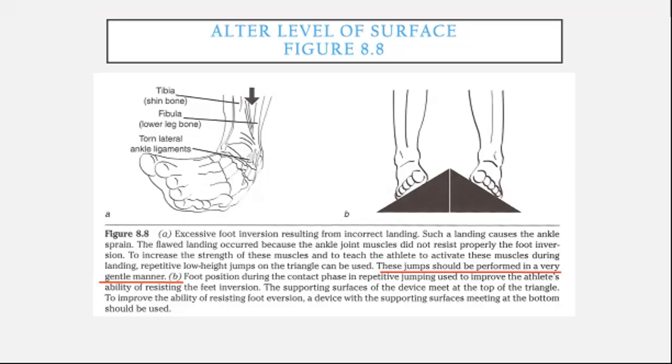So this supports the surfaces on the device that meet at the top of the triangle. And again, we're looking to improve the ability to resist that foot eversion on a device with supporting surfaces meeting at the bottom.